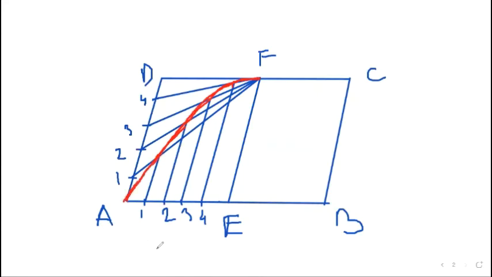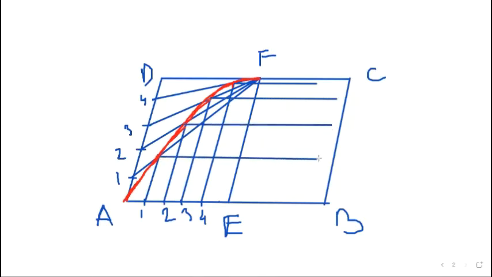Okay. Now same way, similar to the oblong method, from each point we draw the horizontal line. And from this EF by compass, measure this height.